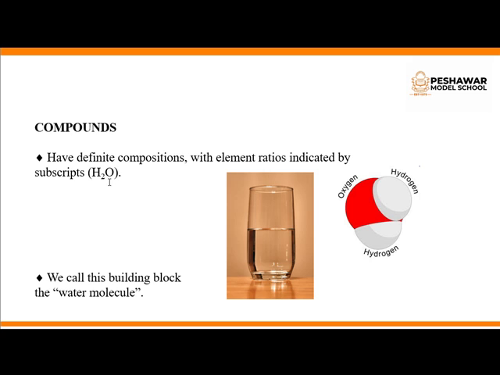Whenever there will be two hydrogen and one oxygen, it will form the water molecule, which is another form of the water molecule, or water is a compound, okay? And we call the water molecule a building block.